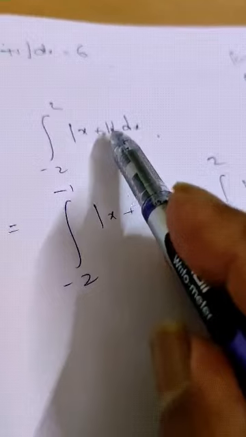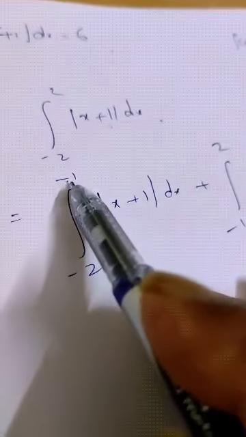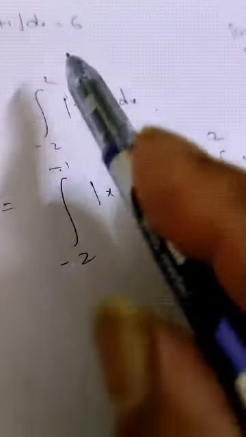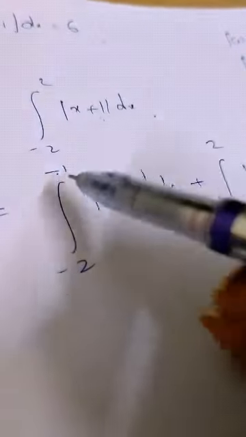Since it is plus 1, we have written minus 1; if it is minus 1, we will write plus 1 here. We use the property that the integral from a to b of f(x) dx equals the integral from a to c plus the integral from c to b.